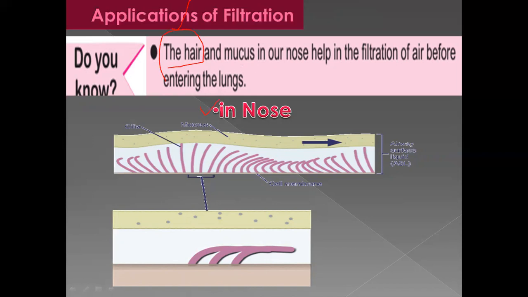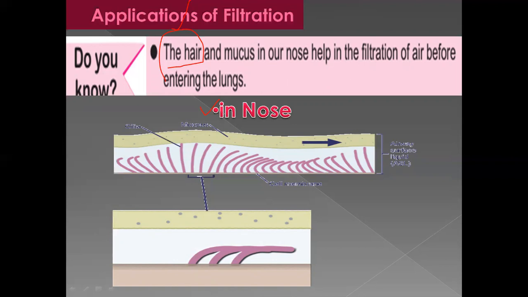The hair and mucus present in the nose help in the filtration of air before entering the lungs. Because if the air which we breathe goes directly into our lungs, our lungs will accumulate that dirt and those germs, and we can become sick very soon.